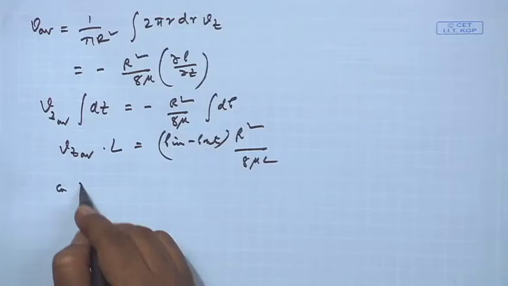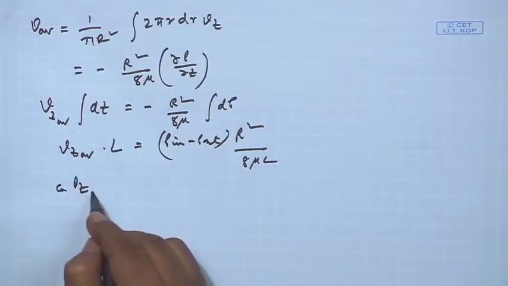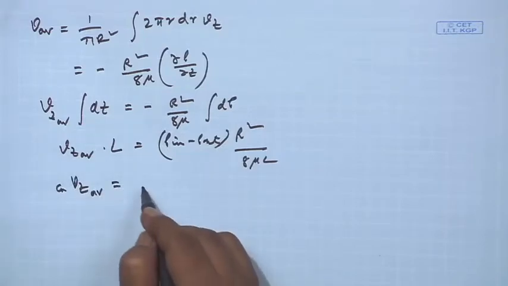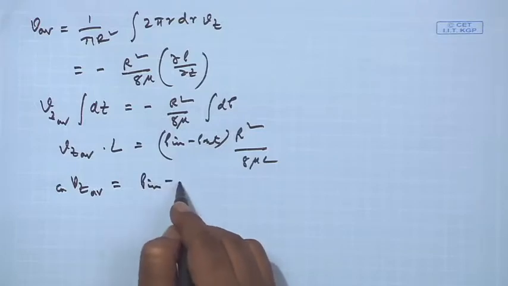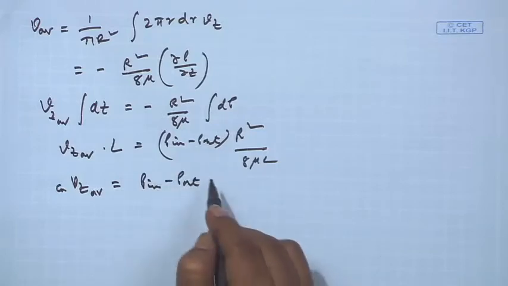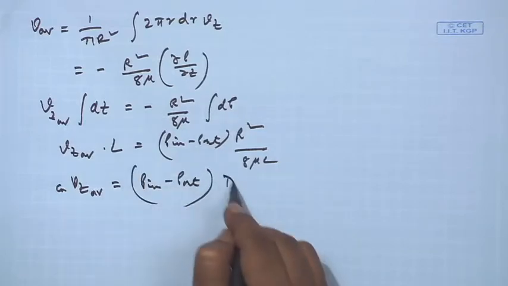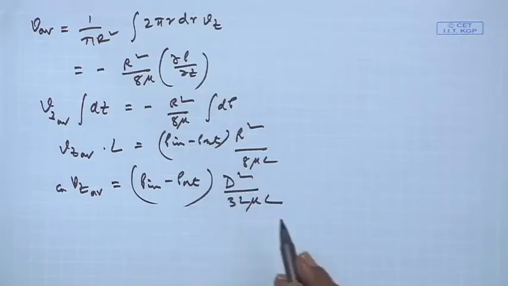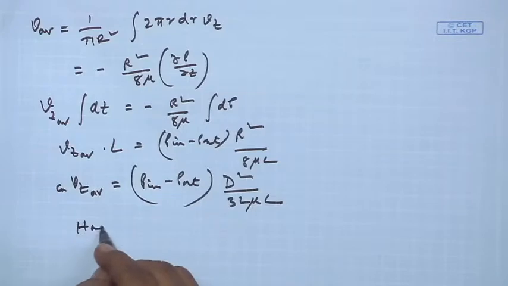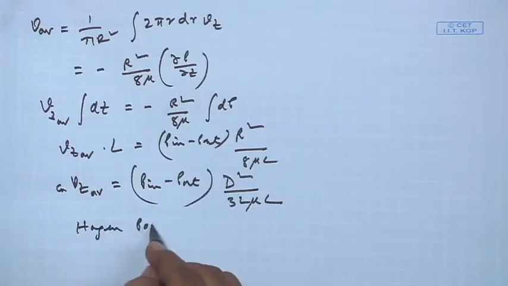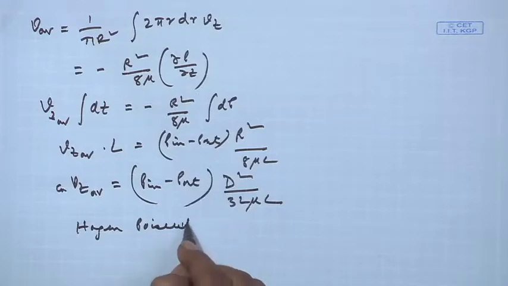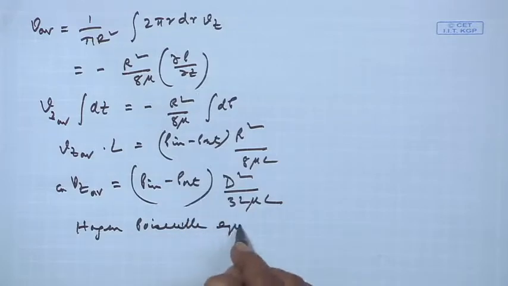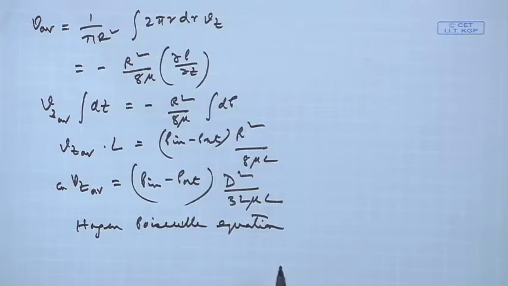Or V z average is equal to P in minus P out into D square by 32 mu L, and this is the Hagen-Poiseuille equation.